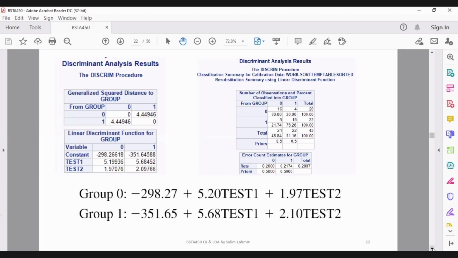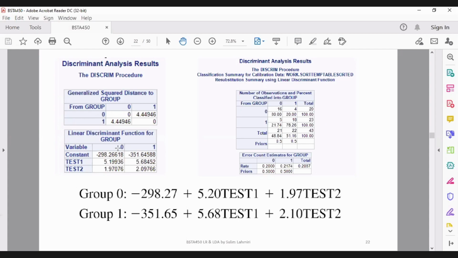So by using SAS, we got the following results. This is the linear discriminant function for group 0 and for group 1.